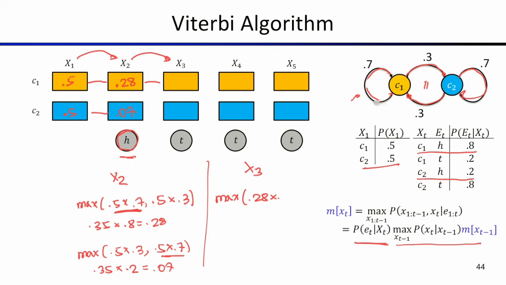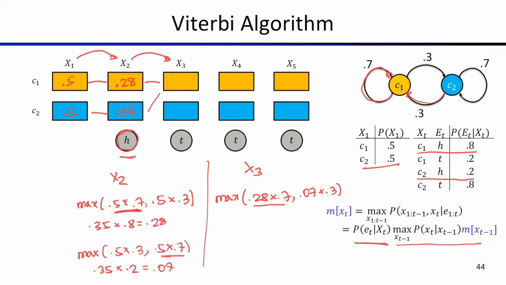Let me erase this. Otherwise, it's going to be more difficult to explain. Okay, so the probability of staying in C1 is going to be 0.7. Or on the other side, it came from here that has this very small probability times the probability of switching, that is this guy here, 0.3. So, okay, yeah, the maximum is going to be this guy here for sure.